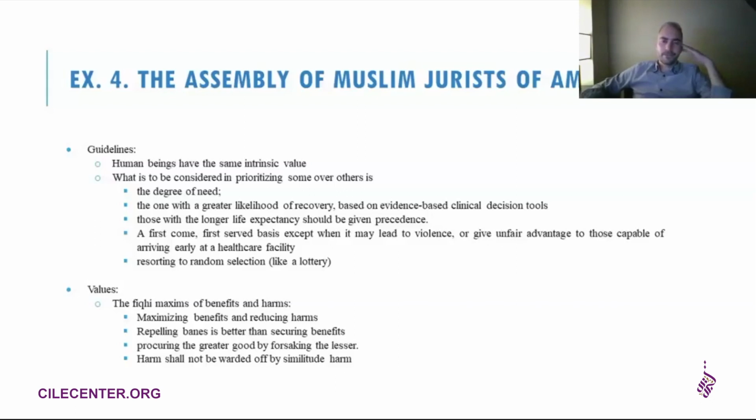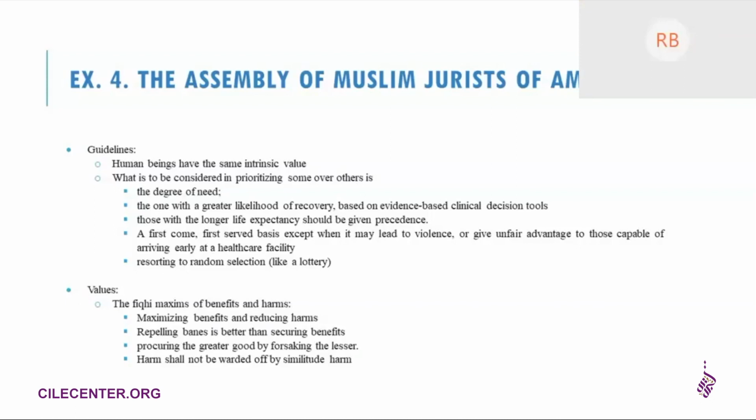So what do you think of this? Do you think that this is more comprehensive and concrete? What do you think? I think the way they order the criteria gives better chances to people who need care more urgently.